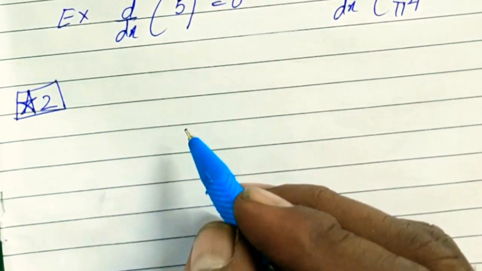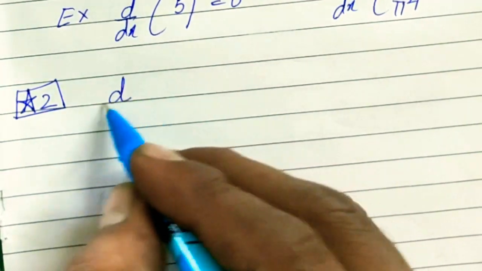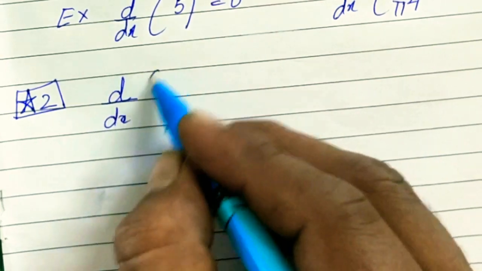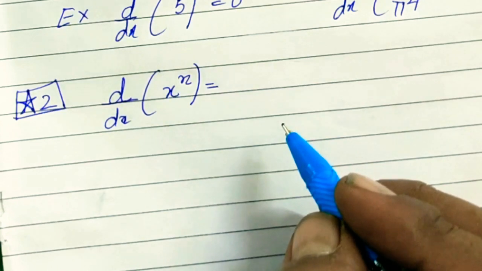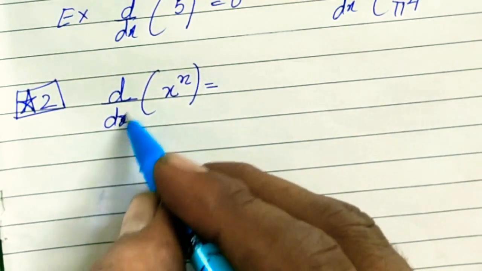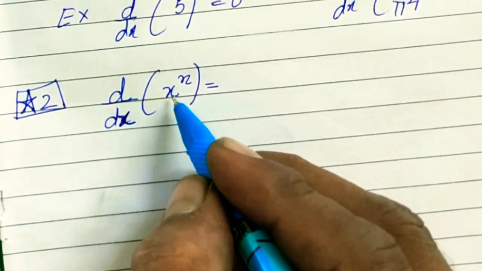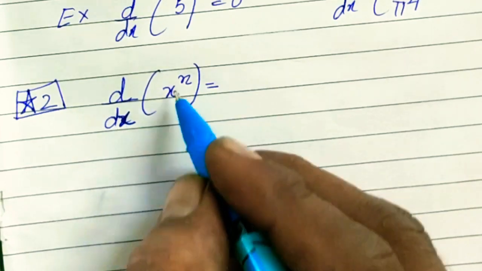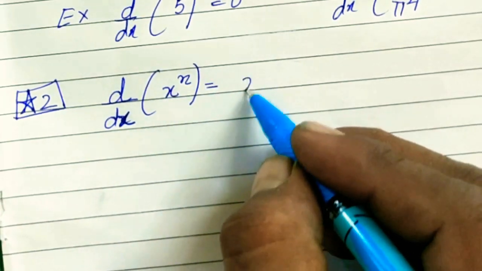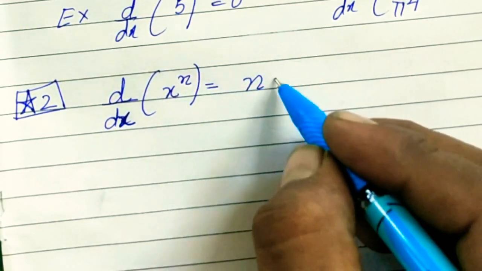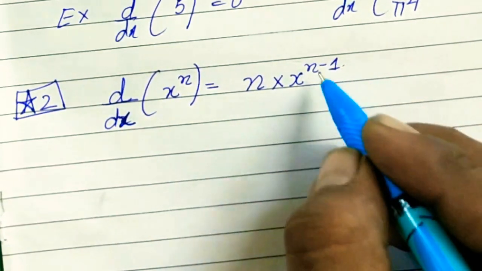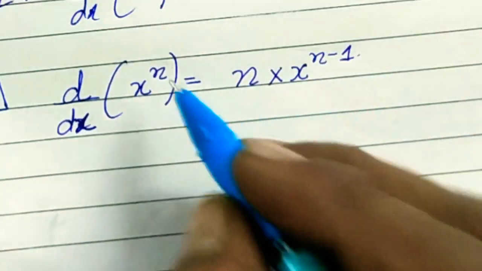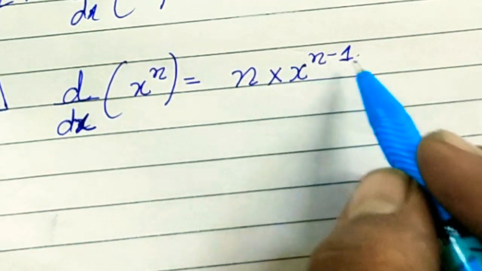About formula number 2, that you have to cram right now. I will not prove it, otherwise we can prove it in maths, but it is not needed in physics. x की power n and the lower variable is also x. We are differentiating x की power n with respect to x. So the formula says power को बाहर निकाल लो, the power comes out, and then multiply it with x but decrease the power by 1.